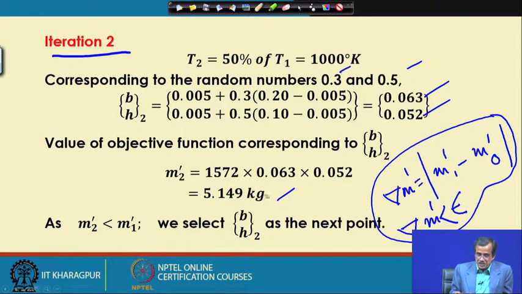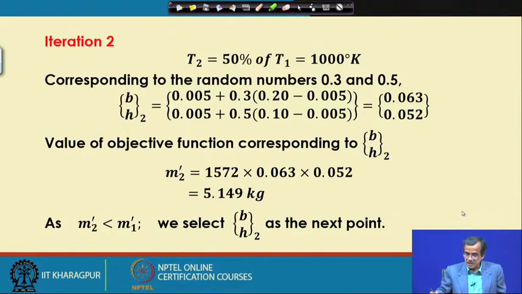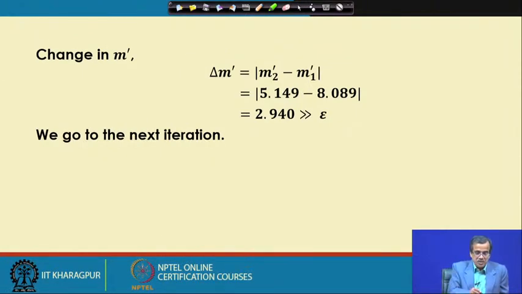So, what we do? We select Bh2 as the next point, and once again we go for the checking of whether it has reached the termination, and to check that we find out the change in M prime, that is delta M prime, which is the mod value of M2 prime minus M1 prime.